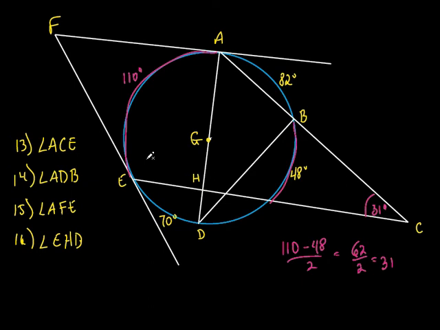All right, ADB. Let's find ADB. There's A, there's D, there's B. So it's this angle right there. Well, this is an inscribed angle, isn't it? Because they're two chords that intersect right on the circle.